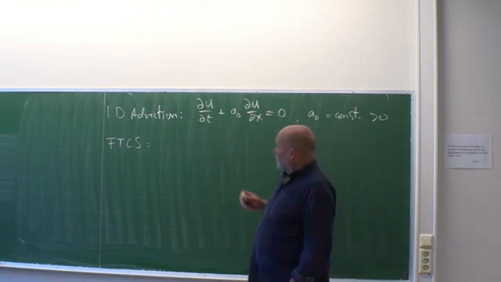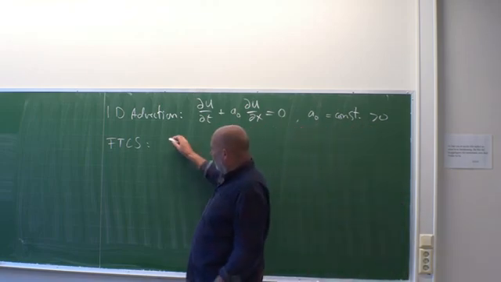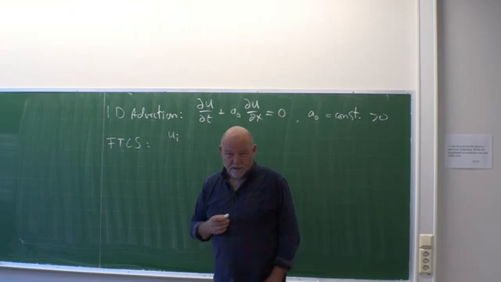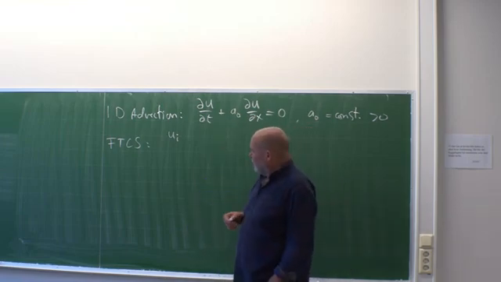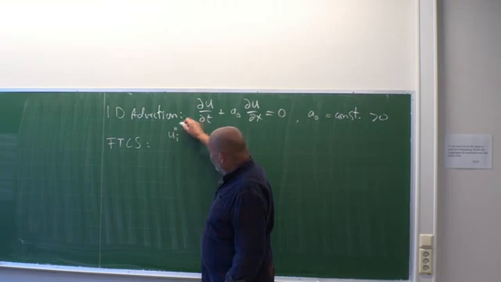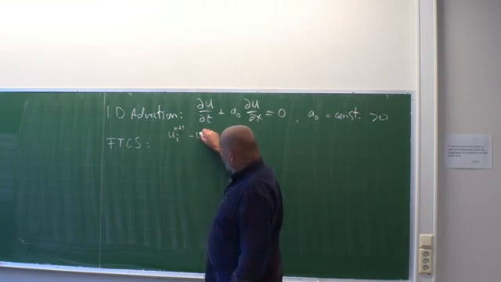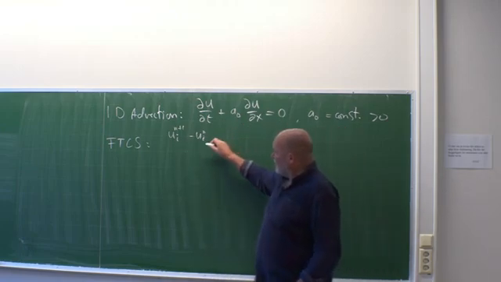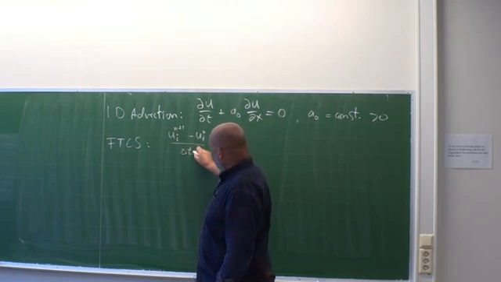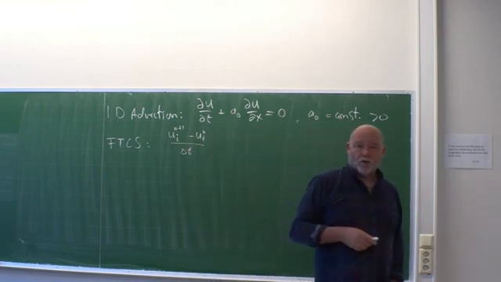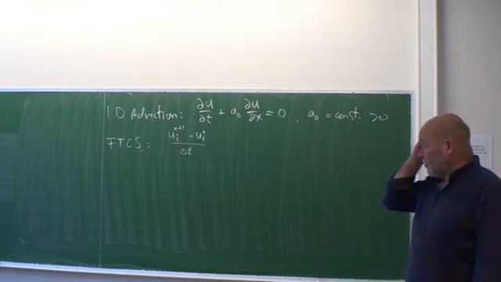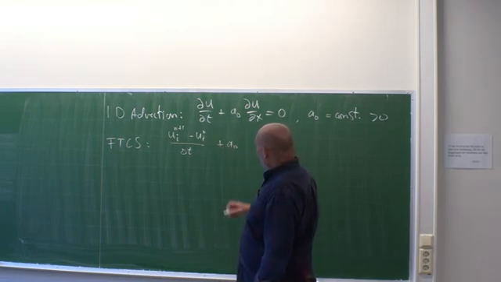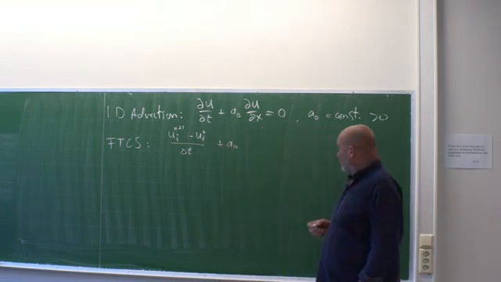So you replace this time derivative with u at a given point, index i in the x direction, time level, I use n for time level. So here you now have the difference at the same location divided by delta t. That's a first order time derivative for you. And then you have a0. And then we need a space derivative.